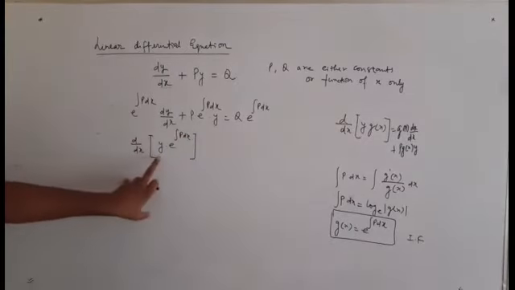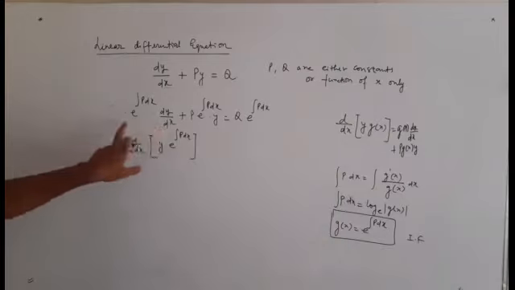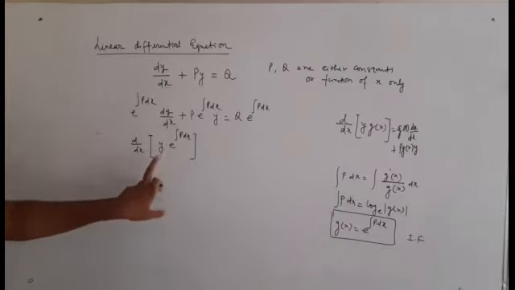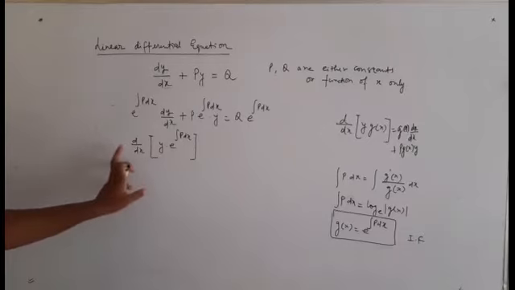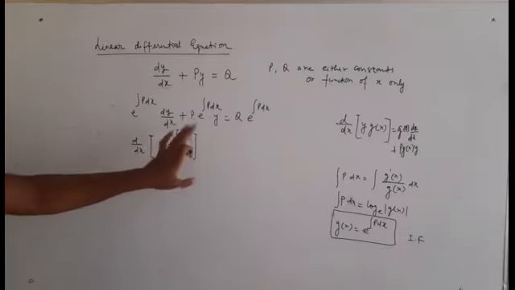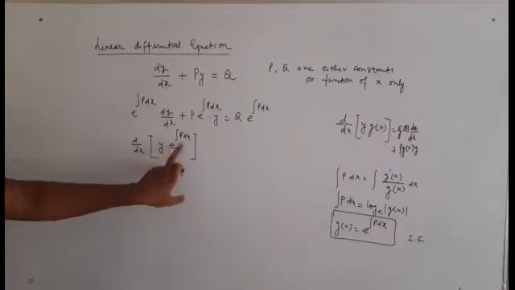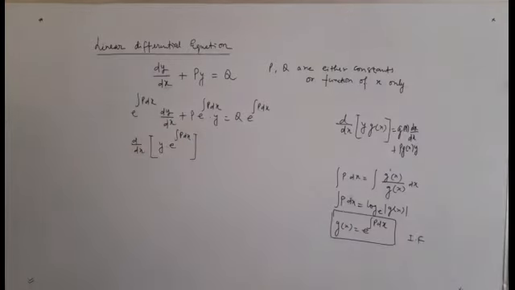Now see, differentiation of y: dy/dx, e to the power integral of P dx unchanged, plus y unchanged and differentiation of e to the power integral of P dx will be just P.